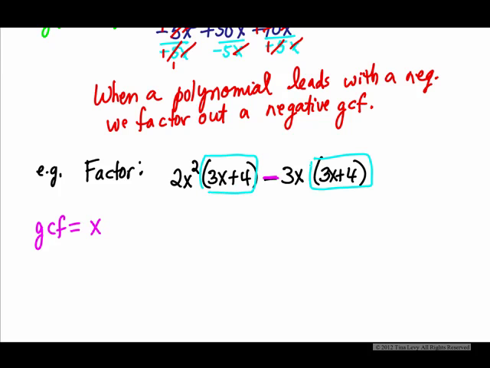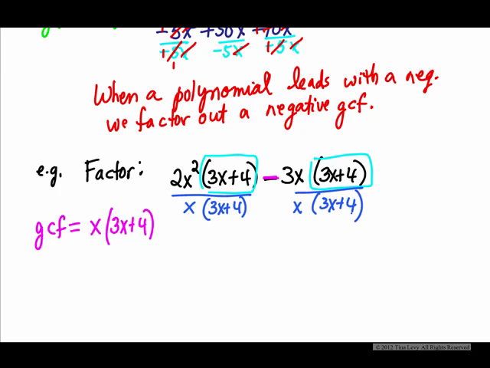So it is also part of the greatest common factor. So it's not just x, it's also 3x plus 4. So without rewriting it, I'm going to do the division so you can see what's going to happen. So the greatest common factor will be the x and the 3x plus 4.